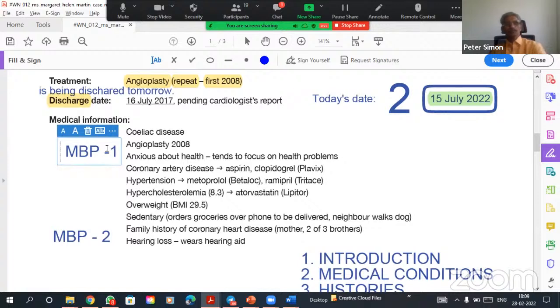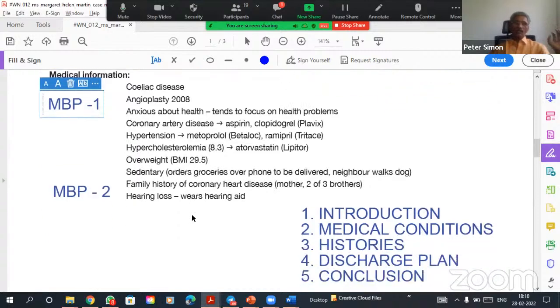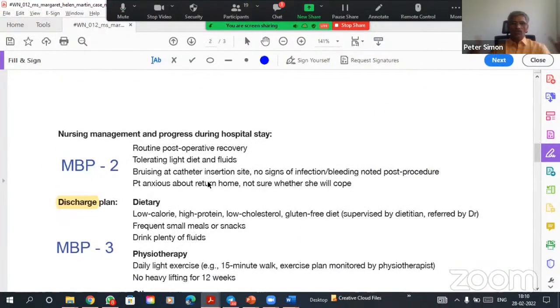So what is her problem? What medication is she taking? And what is her present condition? Everything you write there. Then next you write about histories and other things in the second paragraph.